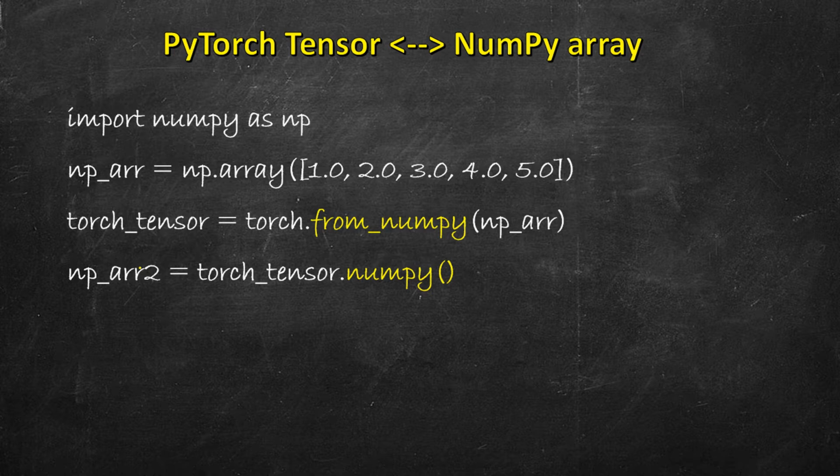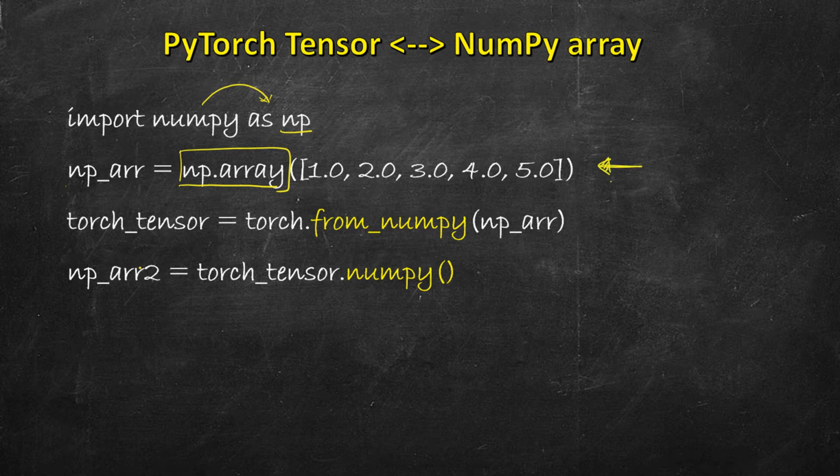First let's see how to convert a PyTorch tensor to a numpy array. We have a numpy array here, and the way to create it is np.array. np is numpy, we have imported it as np. We will see it in our demo code in the Jupyter notebook.